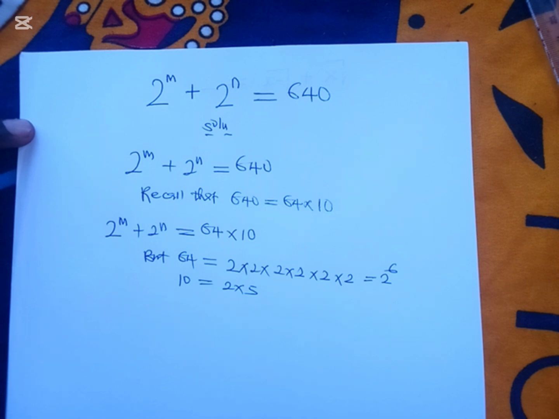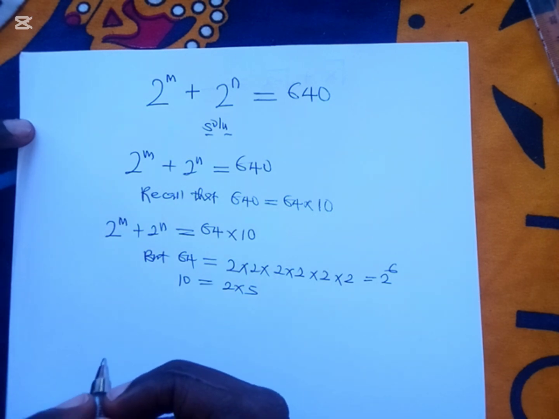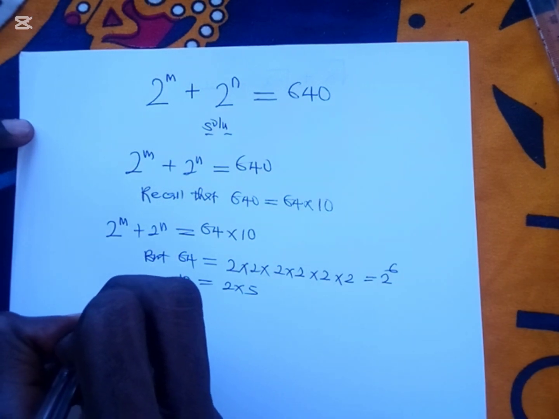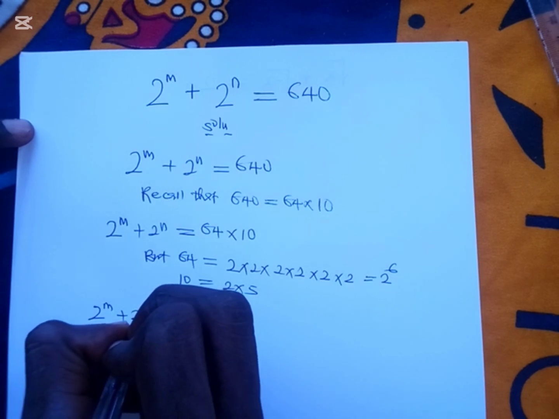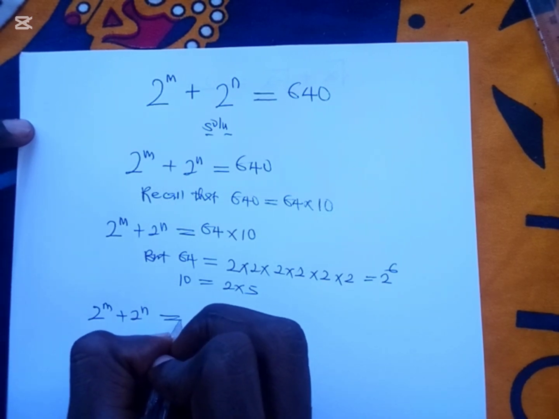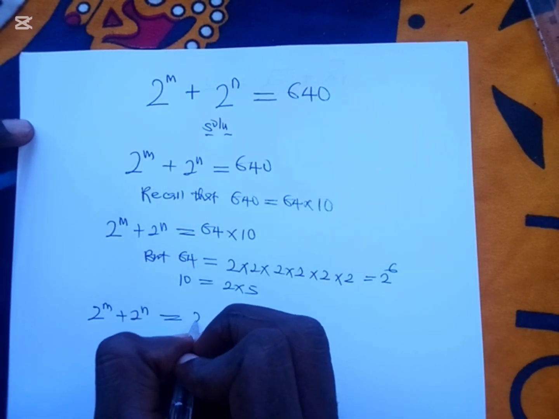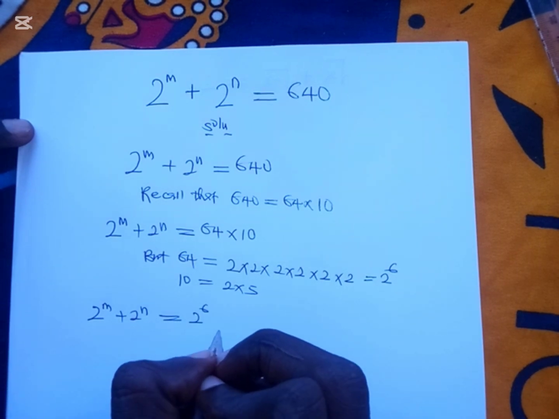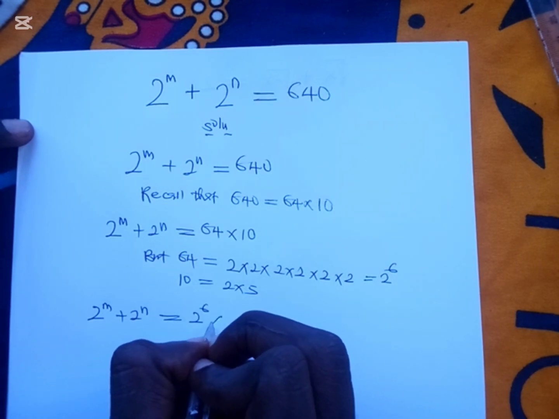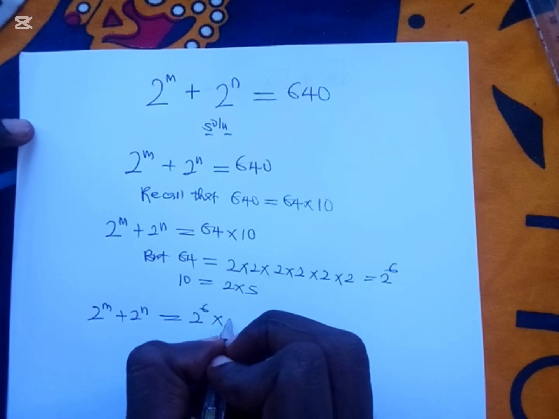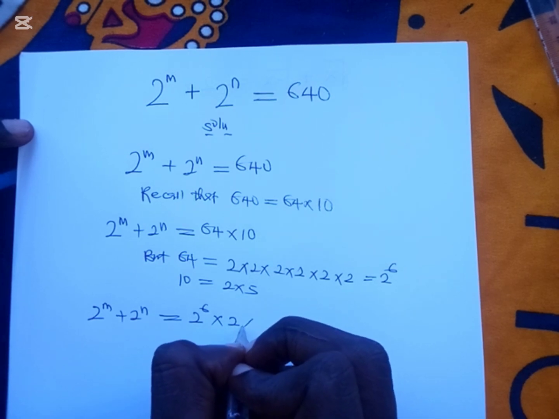Okay, then it continues. Now we have 2 raised to the power m plus 2 raised to the power n. This is equals, instead of 64 we have it as 2 raised to the power 6 multiplying by, now instead of 10 we have it as 2 raised to the power 2 times 5.